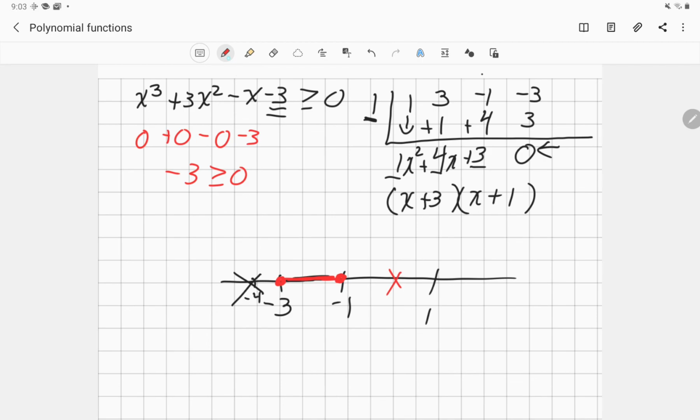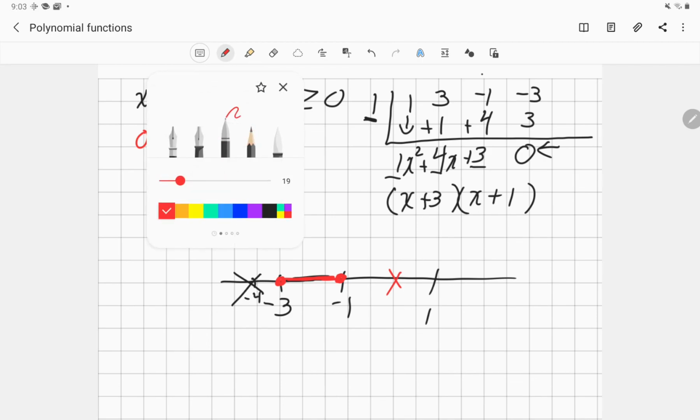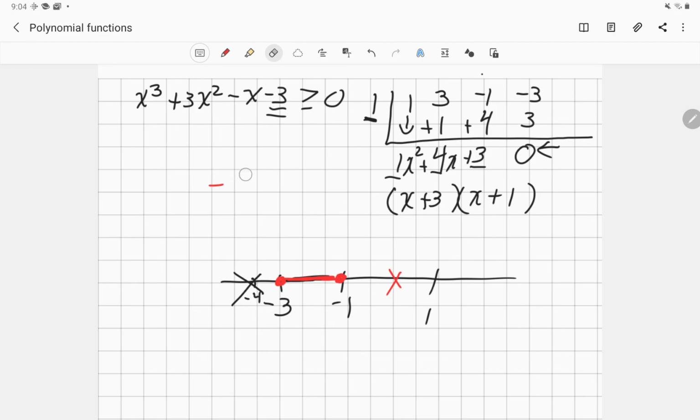And then finally, I have to look at the last section, which is numbers bigger than 1. Again, any number you want. You can pick 2, you can pick 3, you can pick 657,000. Doesn't matter. Just needs to be bigger than 1.